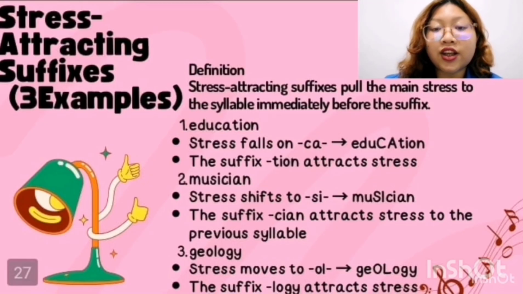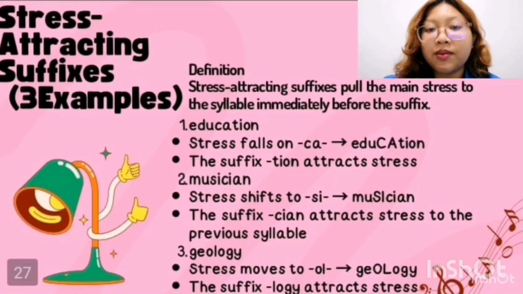Stress attracting suffix, three examples. Definition: stress attracting suffixes pull the main stress to the syllable immediately before the suffix. The first one, education. Stress falls on "ca". In education, the suffix "tion" attracts stress. 2 is musicians. Stress shifts to "si", musician.